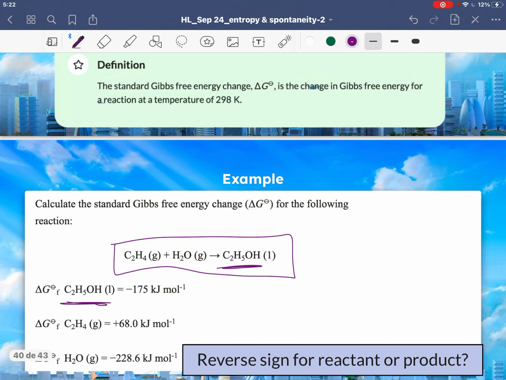So this number represents the change in free energy when 2C plus 3H2 plus 1/2 O2 yields C2H5OH.